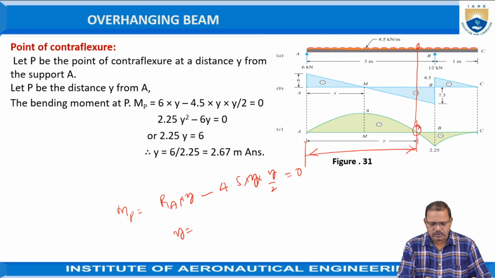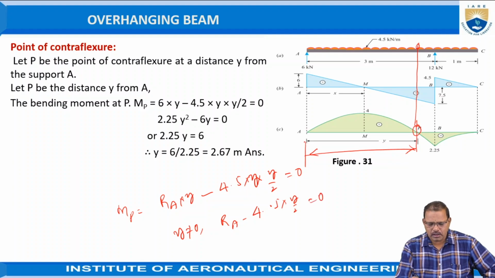Since y is not equal to 0, we can take it as RA minus 4.5 into y by 2, which should be equal to 0. RA, as already determined, is equal to 6. That is, 6 minus 4.5 into y by 2 should be equal to 0.